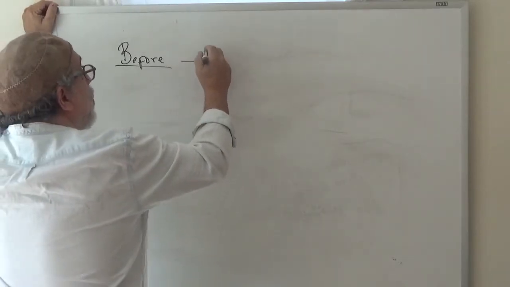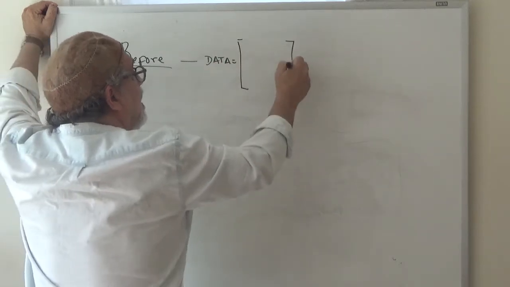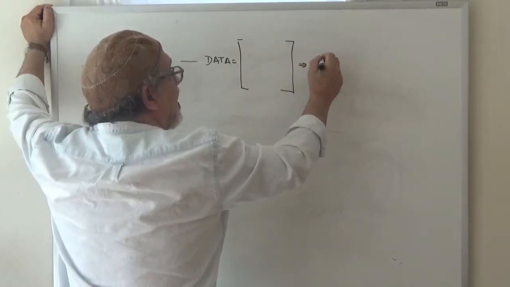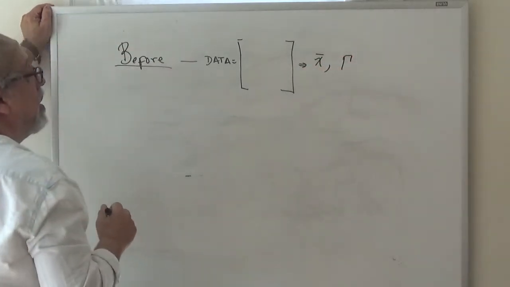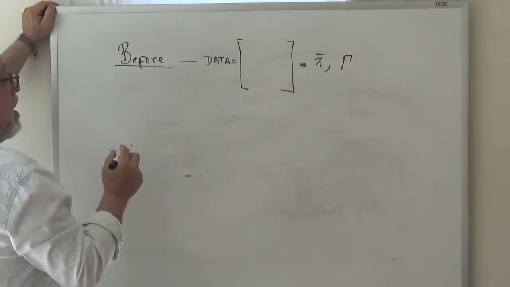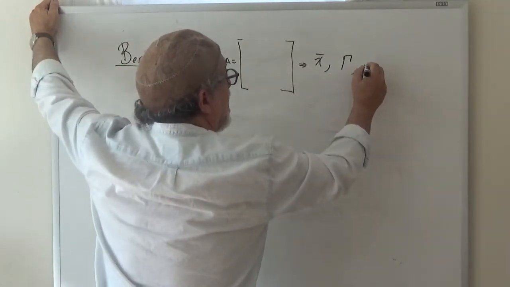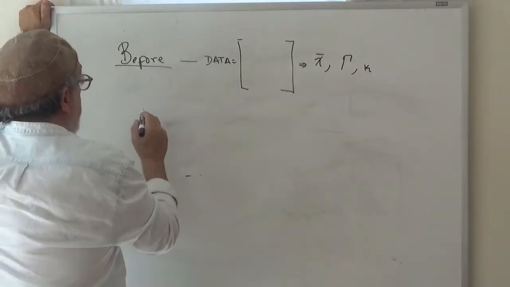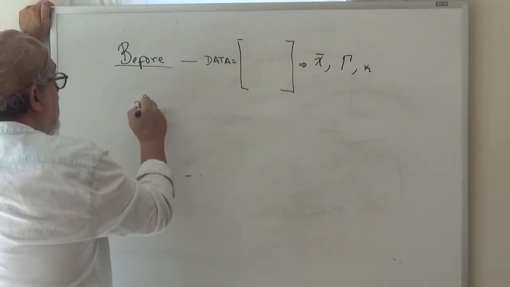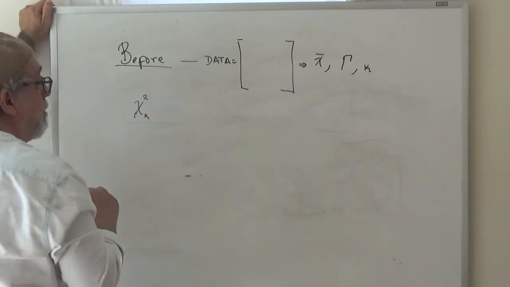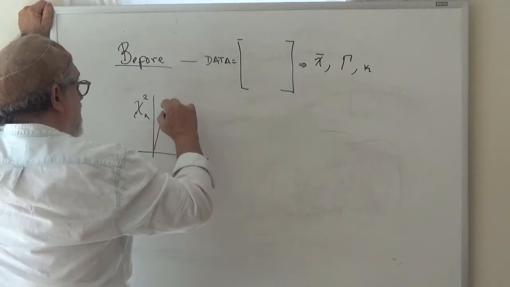We said we have the data matrix. From here we have a mean vector and we have a covariance. All right? Then we know that there is k degrees of freedom. Then we look at the chi-square distribution with k degrees of freedom, and that may look like this.